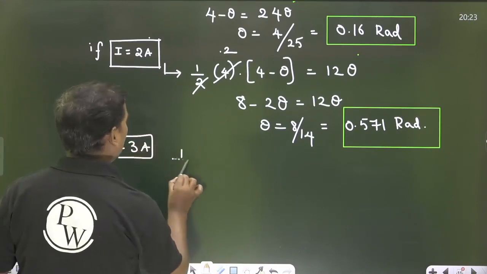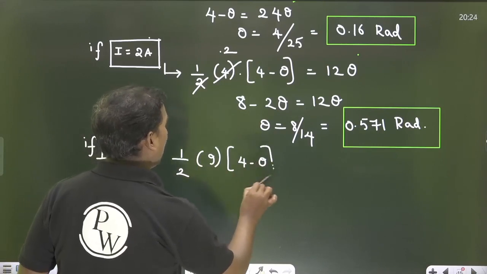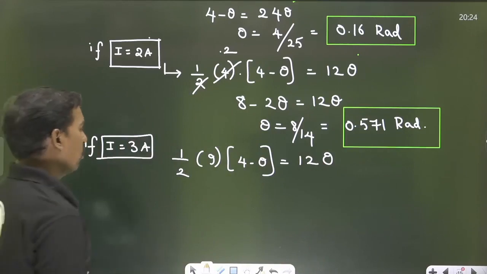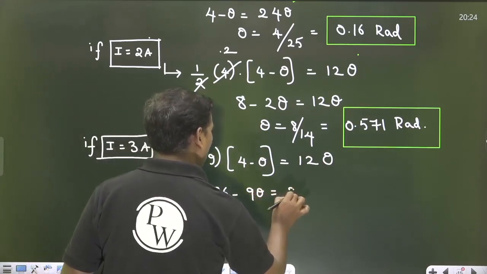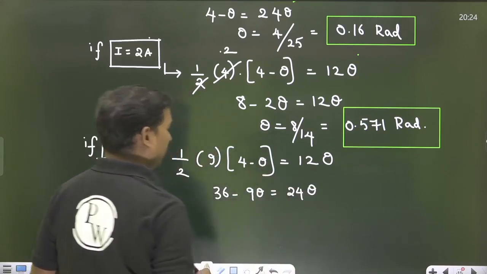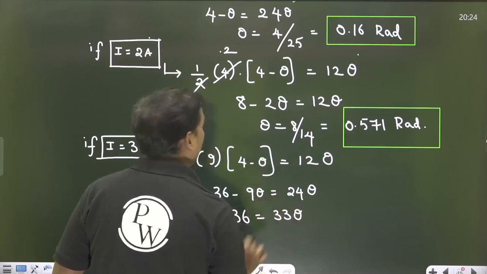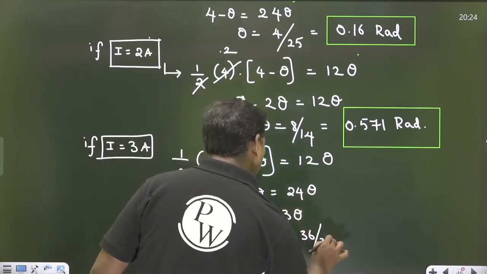Half I square means it becomes 9. So this will be 4 minus theta as it is, and this will be 12 theta. Now 36 minus 9 theta is equal to 24 theta. So 36 is equal to 33 theta. So theta is equal to 36 by 33.